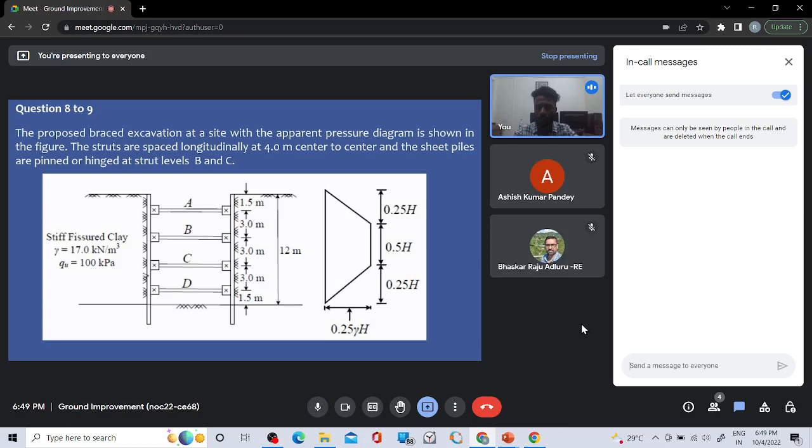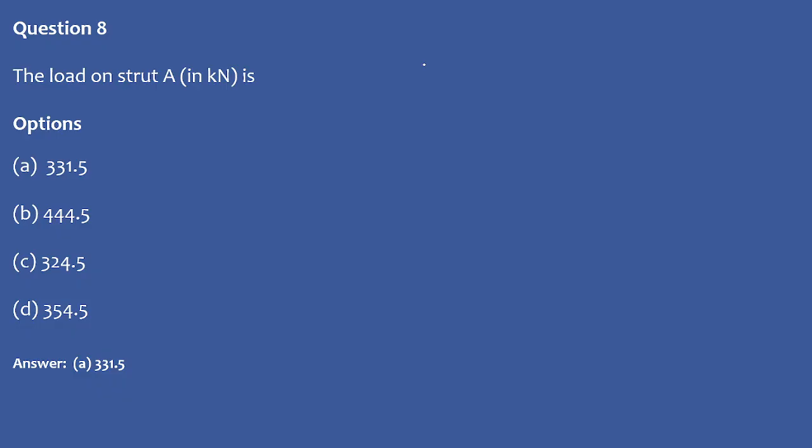We basically need to calculate the load on strut A. So the correct answer is 331.5. Only A and B are given. This is basically your soil wall.